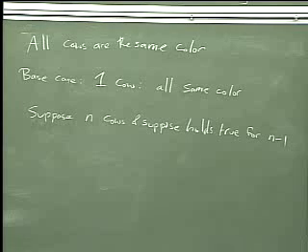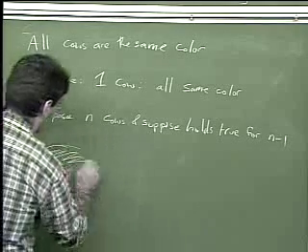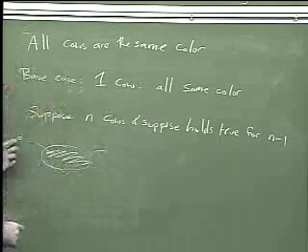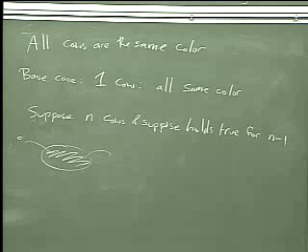By my assumption, they're all the same color. Now I put back that cow and I remove a different cow. Again, by the inductive assumption, they're all the same color. Right? So I had this group of cows. I pulled one out. All these had to be the same color. I pulled one of these out. That's the same color as all the rest. I put this back. They've all got to be the same color. Hence, by induction, all cows are the same color.